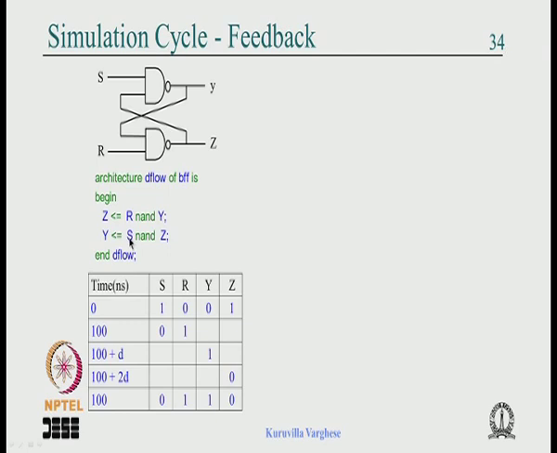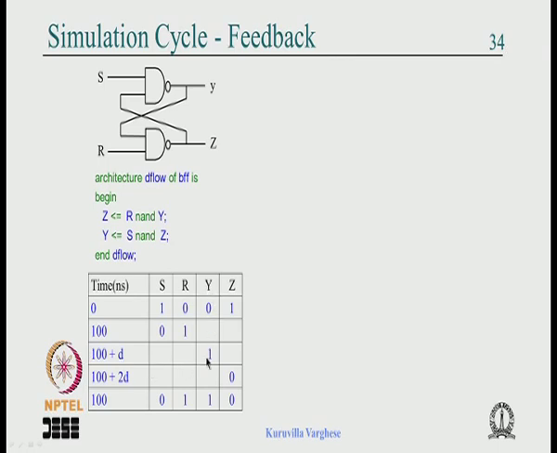But if you look at S NAND Z, S is 0, so 0 NAND 1 is 1, because any 0 gives output 1. Y was 0, so there is a change in Y. So Y is assigned at 100 plus delta. Now the simulator has computed both 100 nanosecond events, and the simulation time moves to 100 plus delta.